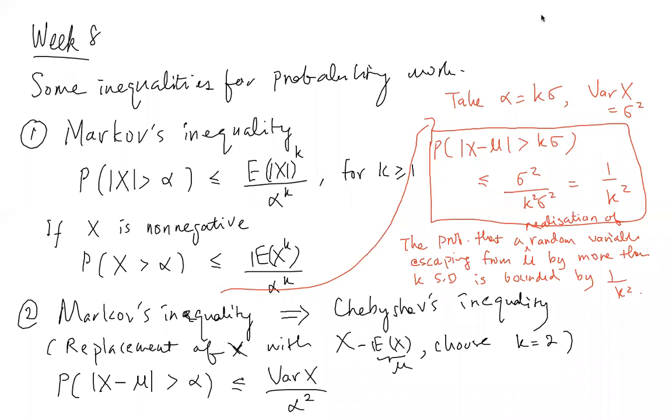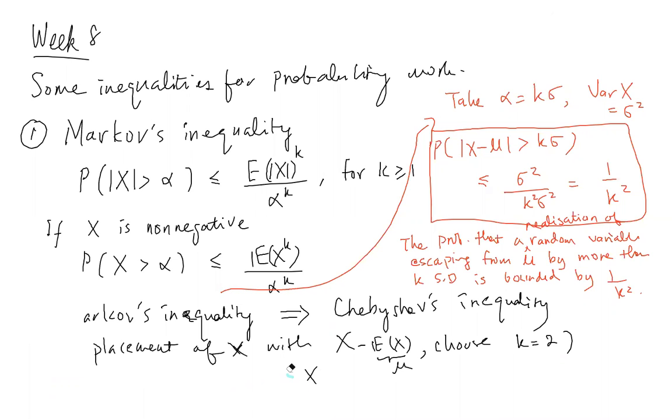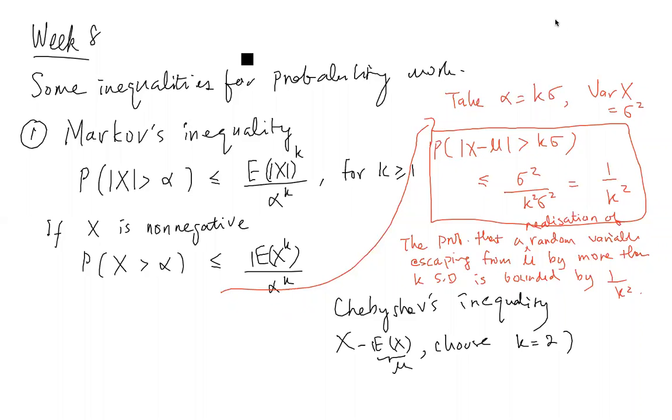Let me clear some things here. So some examples. You take k equals to 1, right? So the chance that you escape from the mu, let's say you have some distribution. It doesn't have to be normal. It can be any distribution.